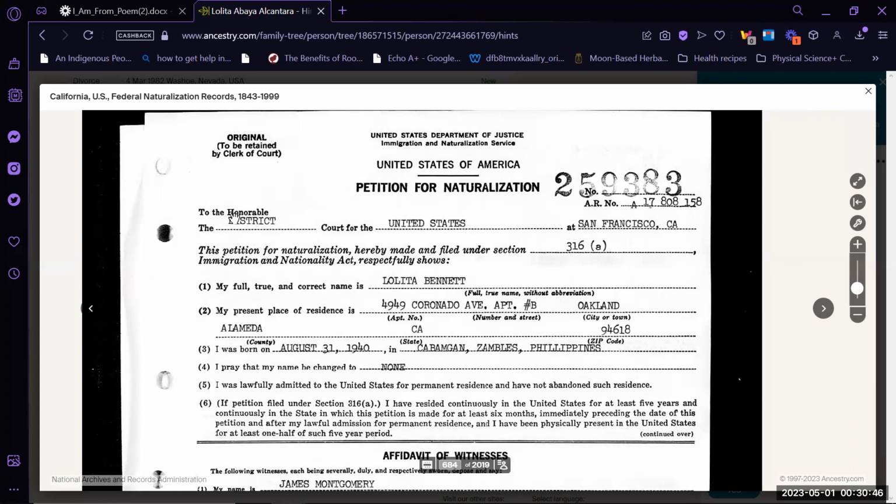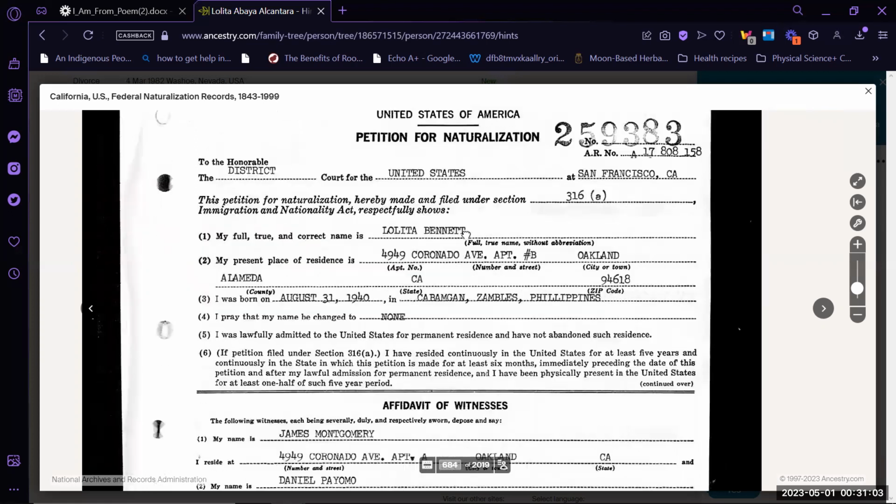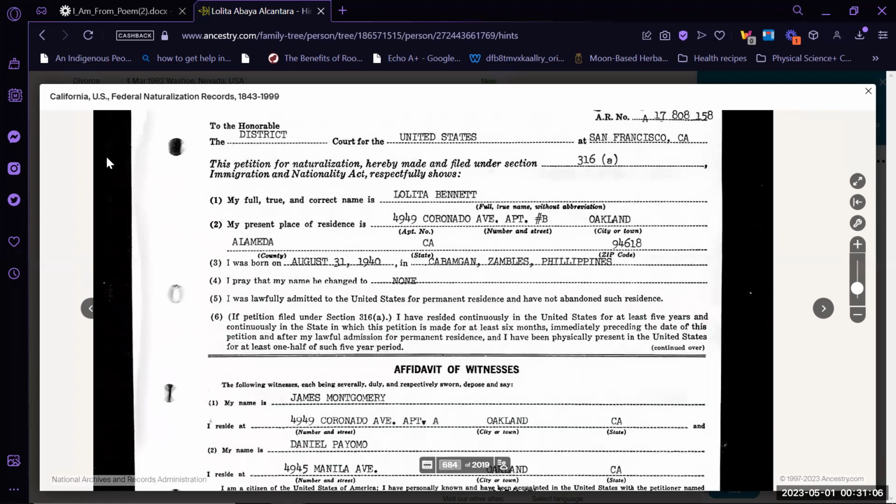So, to the honorable district, the district of the court for the United States at San Francisco, California. There is a section that it was filed under. I'll have to look at that, or you can look that up if you want to see what specific petition it is filed under.